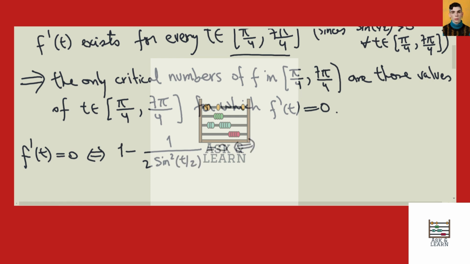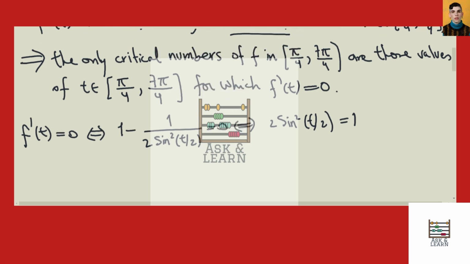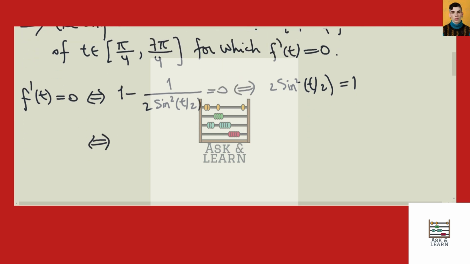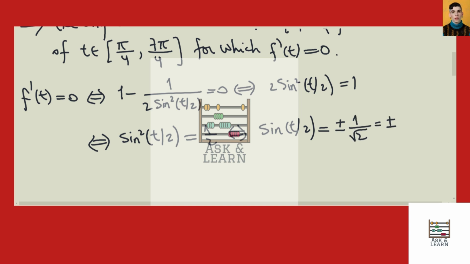This is the same as 2 sine square of t half equal 1. And this is the same as sine square of t half equals 1/2. And this is even equivalent to sine of t half equal plus or minus 1 over square root of 2, which is equal to plus or minus square root of 2 over 2.